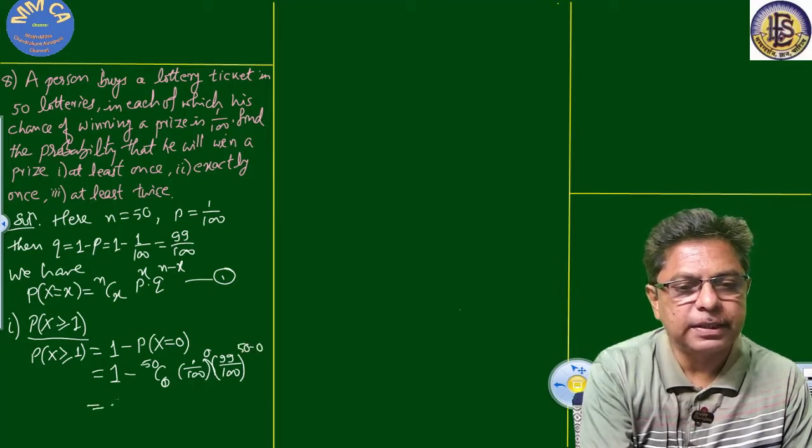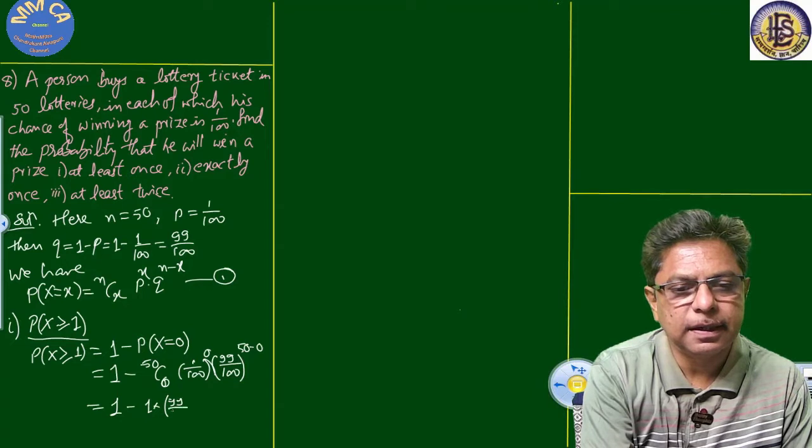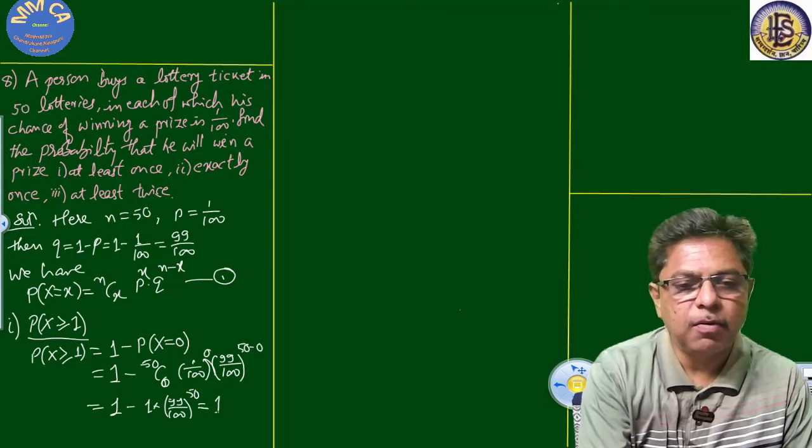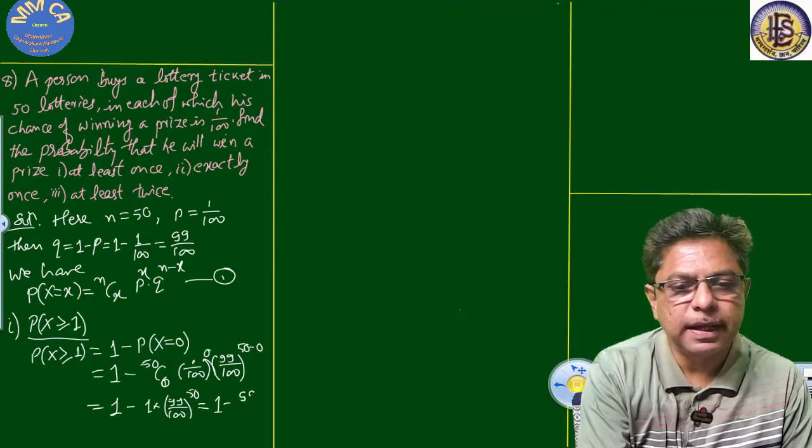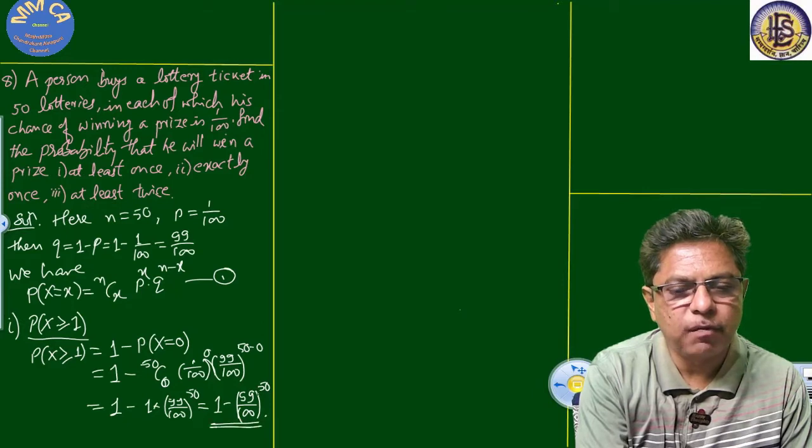And so we are getting 1 minus 50C0 is 1. 1 by 100 raised to anything is 1. So this is 99 divided by 100 raised to 50. And so this is the answer, 1 minus 99 divided by 100 raised to 50. This is the answer of the first sub question.